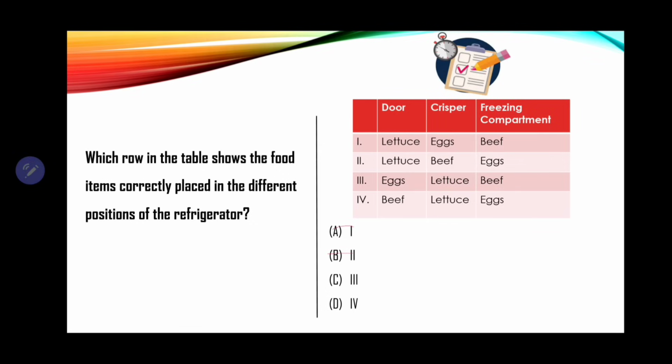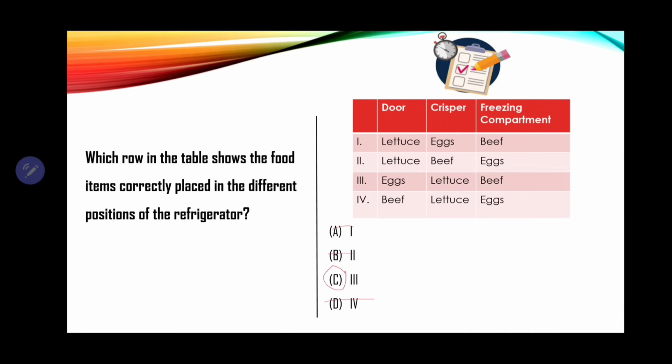That's a no-no. C, we have 3 that says eggs in the door, lettuce in the crisper, and beef in the freezing compartment, which is correct. Good. And for D, we have beef in the door, lettuce, and eggs in the freezing compartment, which is incorrect. So the correct answer here is C.